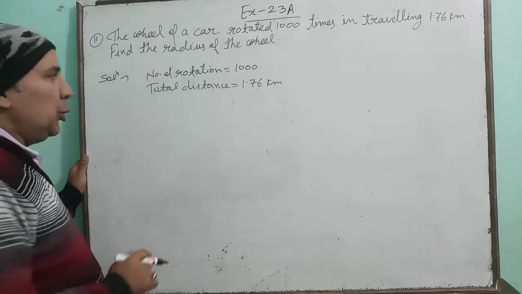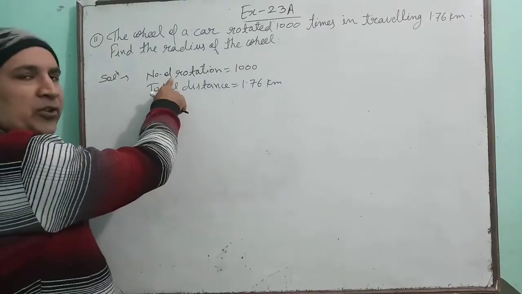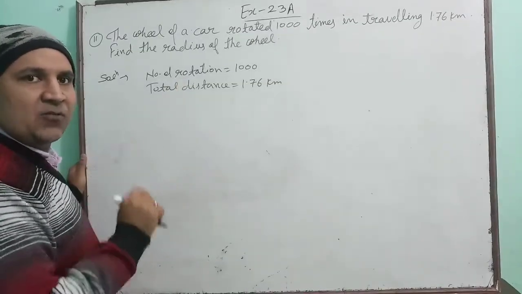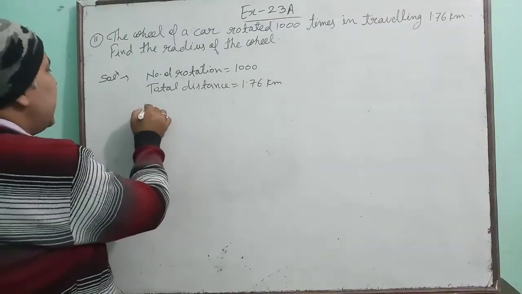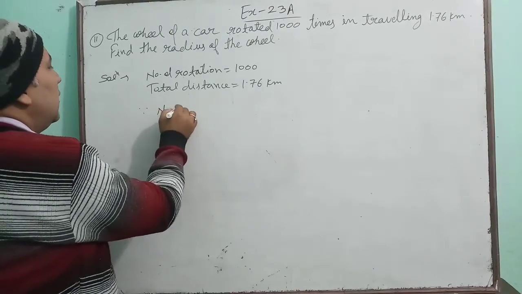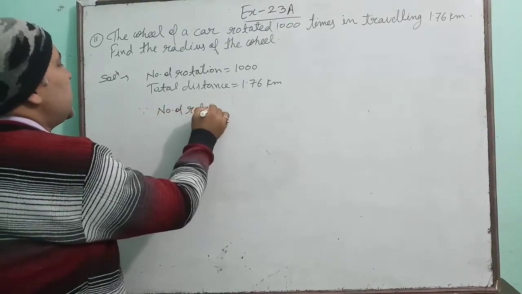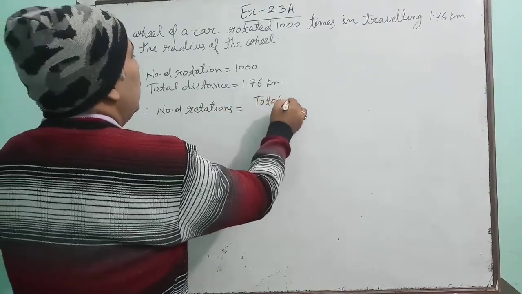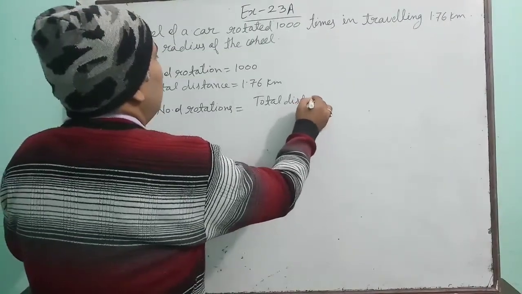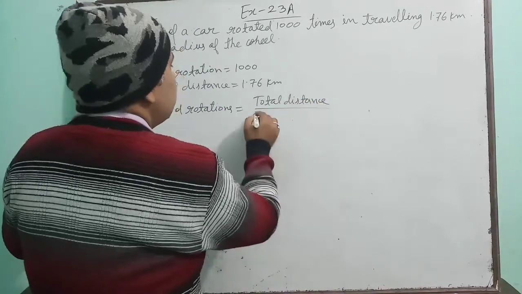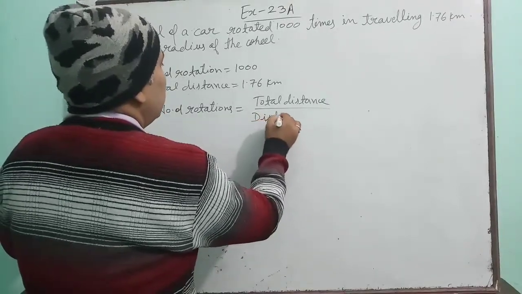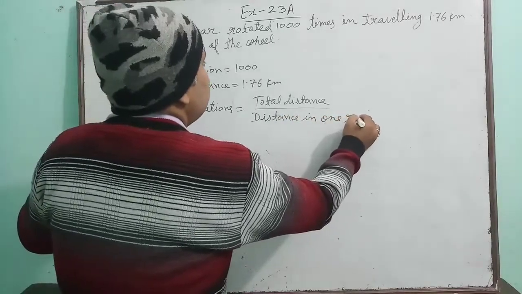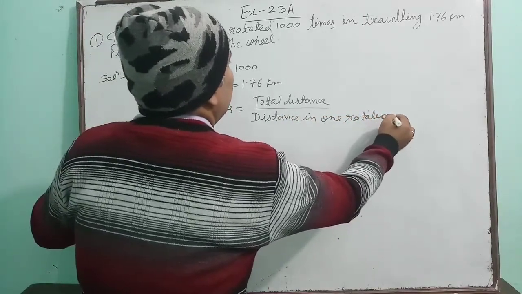Children, we know that to find the number of rotation, the total distance is divided by distance in one round. This we have seen. Number of rotations is equal to total distance upon distance in one rotation.